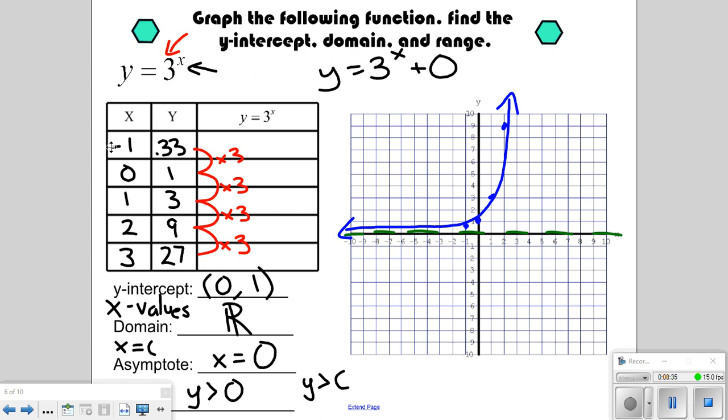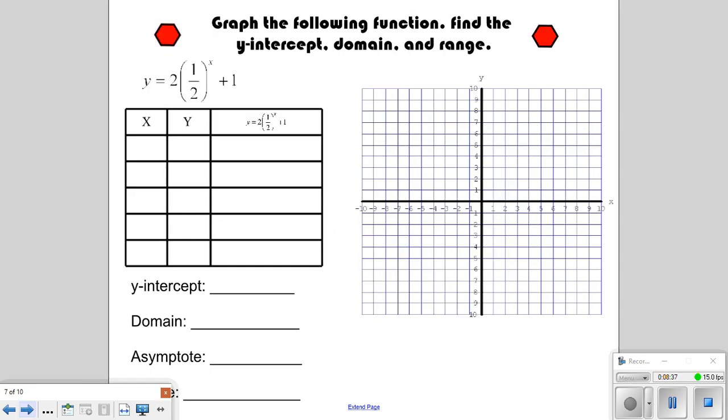Next up, we are going to have another equation here, so I will type this equation into my calculator really quick. I'll give you a second to do that as well. When I look at my table, I'm going to start at -1 again. So I have -1, 0, 1, 2, 3.